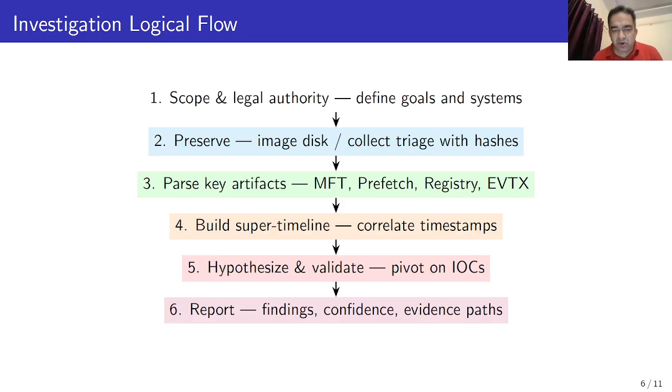For example, scoped to one workstation after a leaked spreadsheet, preserve via E01, parse MFT, Prefetch, and USBSTOR. The timeline shows a USB insert that copied the confidential Excel file, and validate with the ShellBags and LNK. The report includes UTC times, evidence paths, and residual risk that other hosts were not examined.